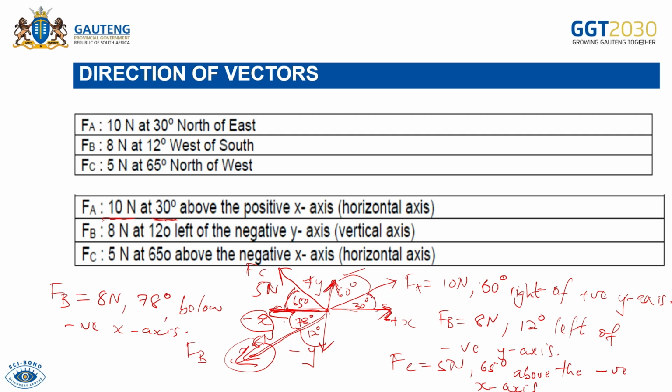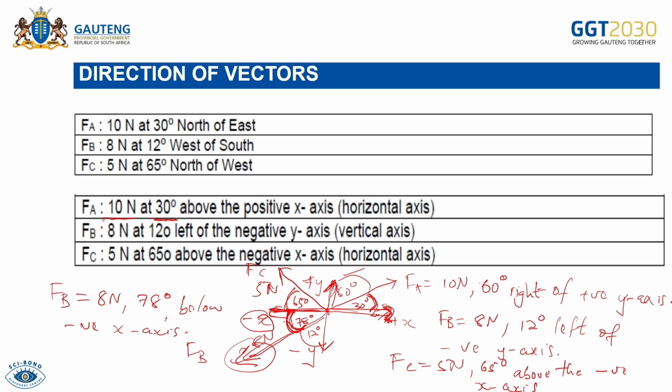So for example, when you look at this 30 for FA, it's above the x-axis. But which x-axis, the positive or the negative? It's going to be the positive. When you look at this 78, it is below the x-axis. But which x-axis? It's below the negative x-axis.